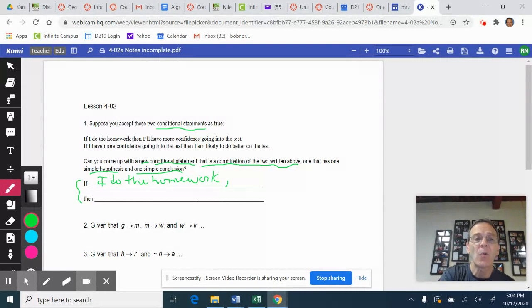Well, again, I want one simple conclusion, a complete statement that's just a simple statement, not a compound statement, not a multiple conclusion thing, just one simple conclusion.